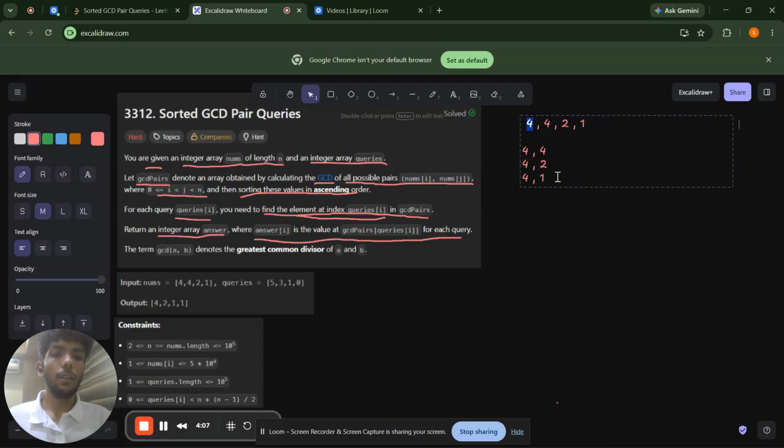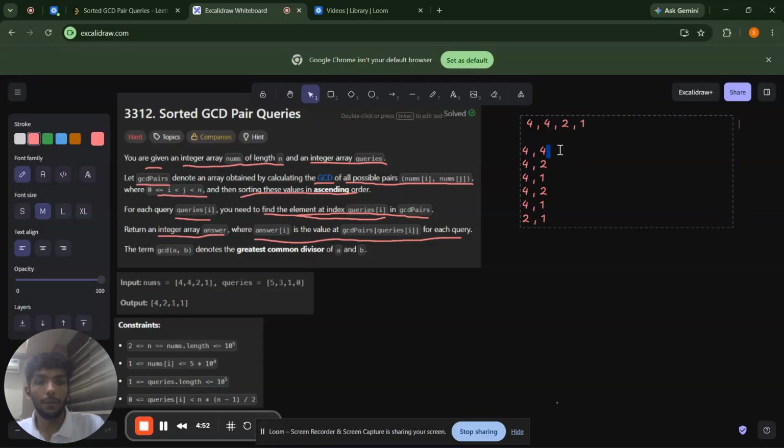Later, we form pairs by considering the 4 present at index 1, and we cannot pair it with index 0 again, because we have already considered 0 and 1. We can't consider 1 and 0 as well because it would be the same thing. So 4 and 2, formed here, is by this 4 and this 2. Then 4 and 1, and 2 and 1. These are all the possible pairs.